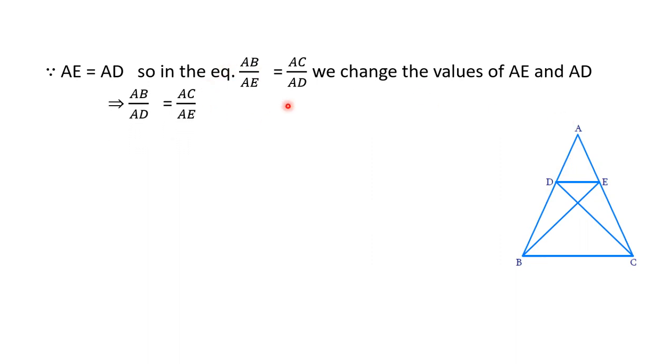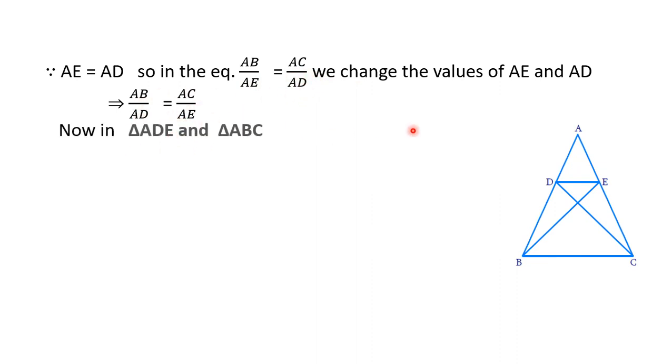So when we change the value AE as AD and this AD as AE, we get the new equation, that is AB upon AD is equal to AC upon AE. Remember, whatever is given in this one, we have to write in place of AE, that is AD, and in place of AD we have to write AE. So we get this equation.